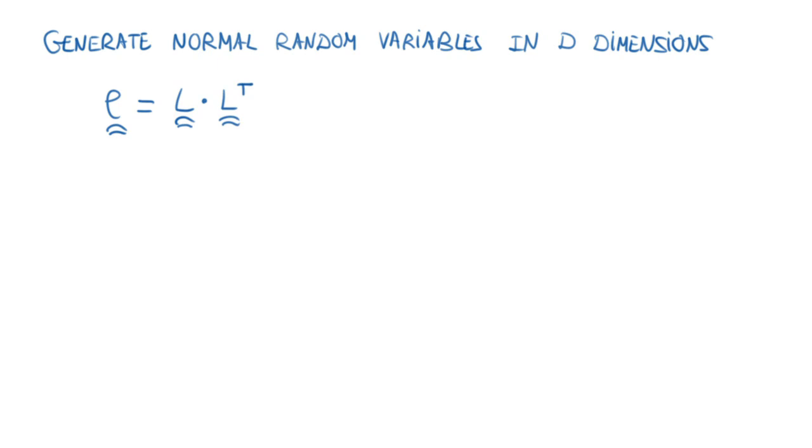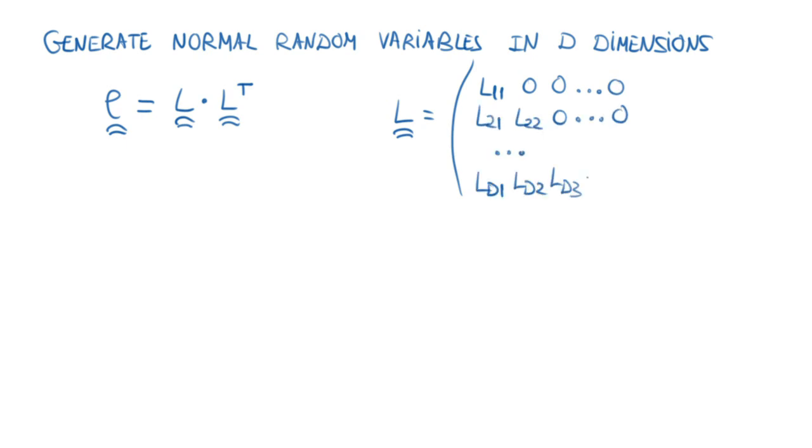This factorization is called the Cholesky decomposition. The matrix L is lower triangular, so we can write it as follows: notice that all the elements above the principal diagonal are equal to 0 in this lower triangular matrix.